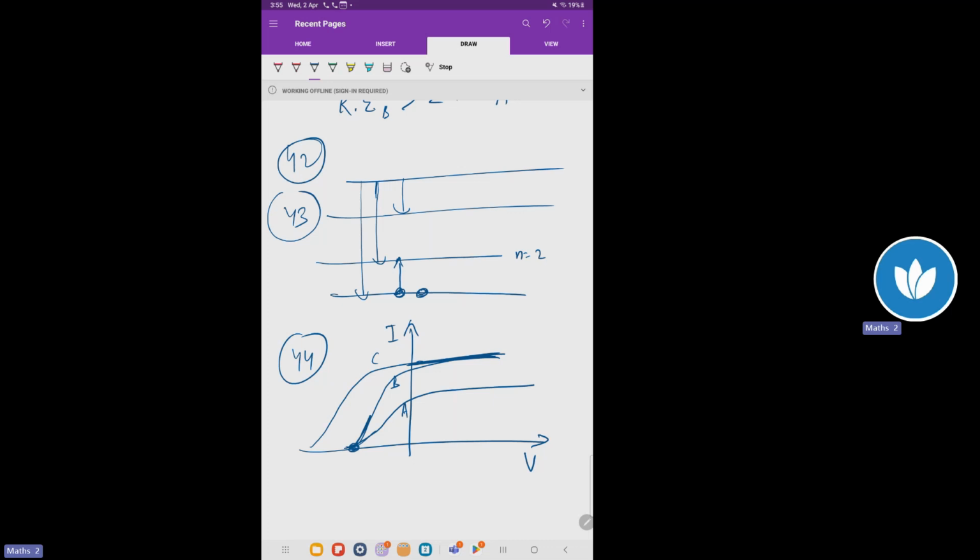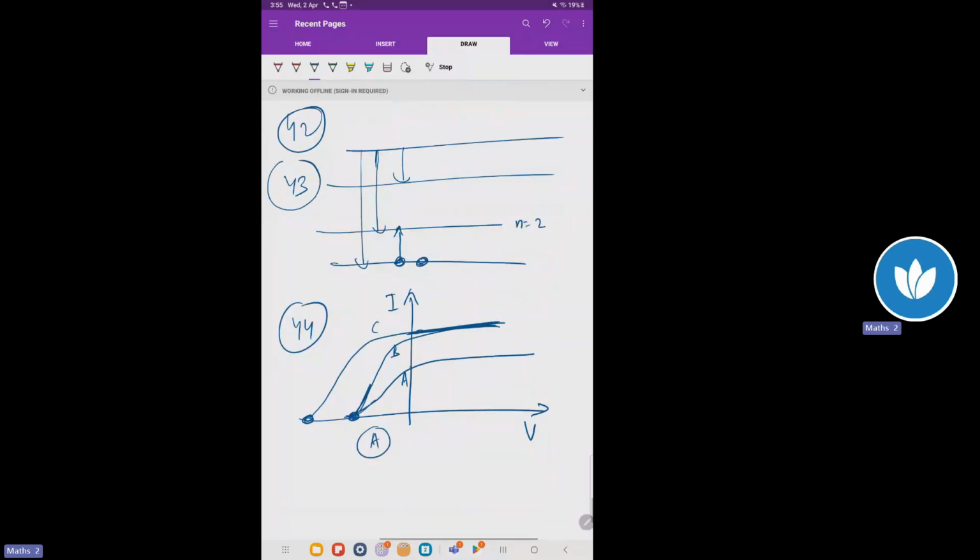Option A and B will have different intensities. Correct. A and B have different intensities, while B and C will have different frequencies. B and C stopping potentials are different, so frequencies will also be different. Option A is correct.